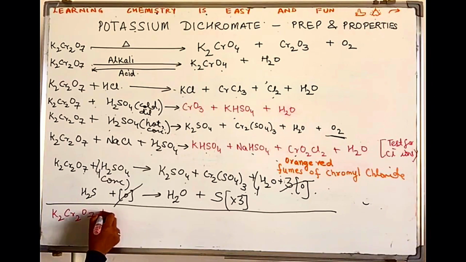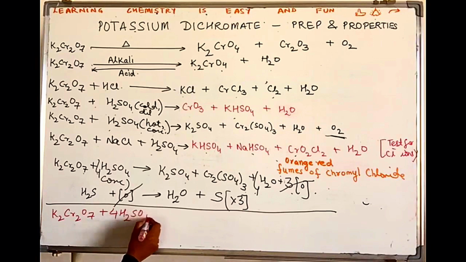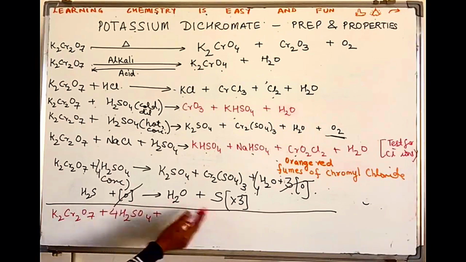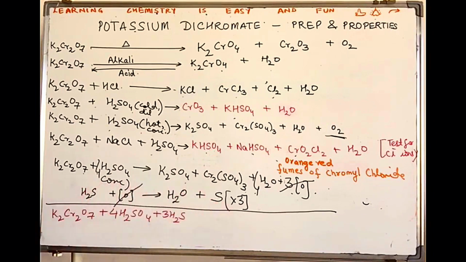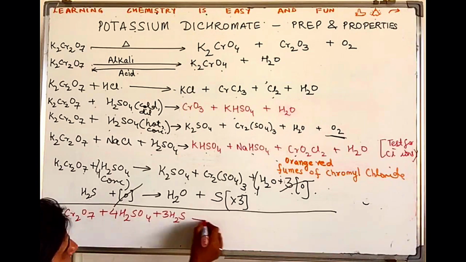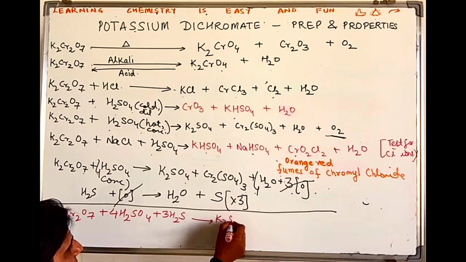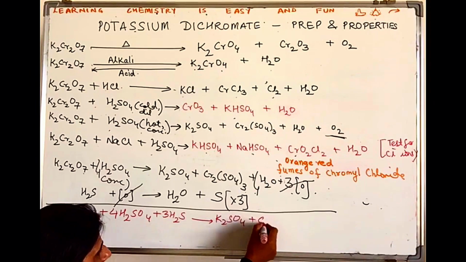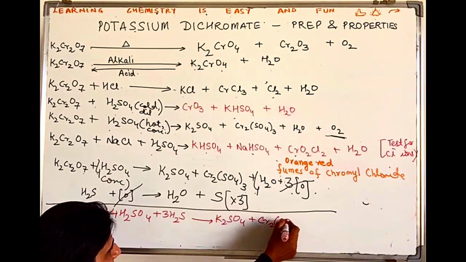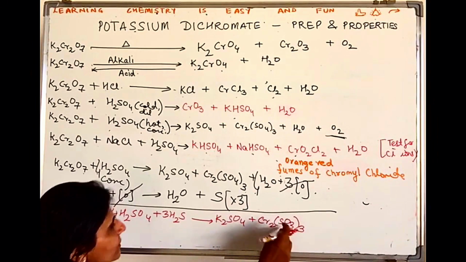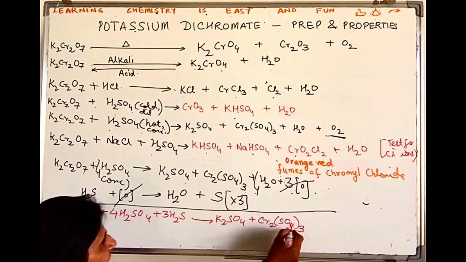K2Cr2O7 plus, is there any H2SO4 in the second equation? No. So plus 4H2SO4 plus how many of H2S? 3 of H2S. Why? Because we have multiplied this whole equation by 3. What do we get in the products? We will have K2SO4 plus Cr2(SO4)3.